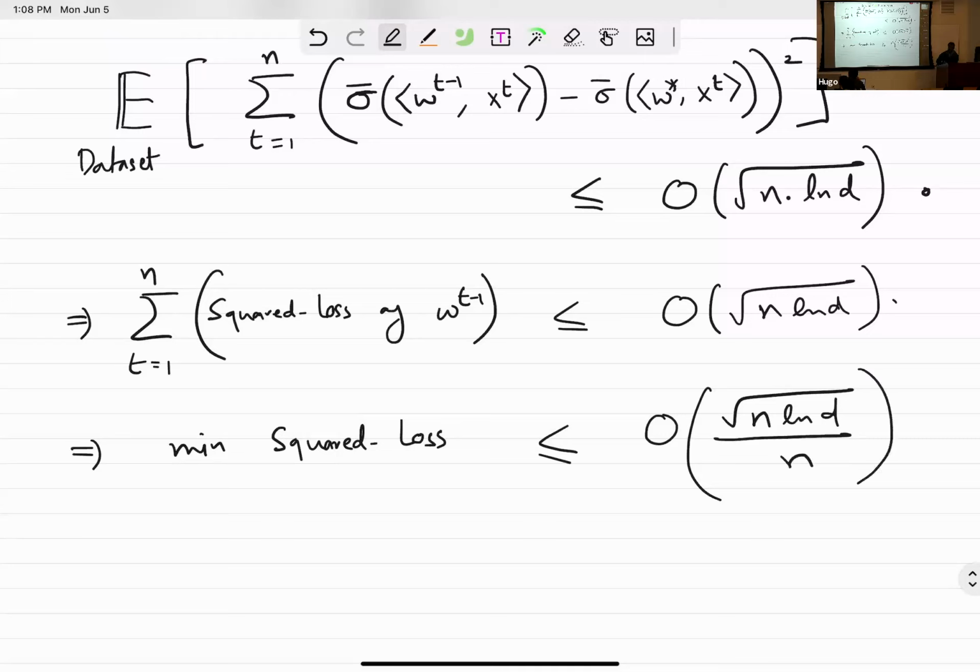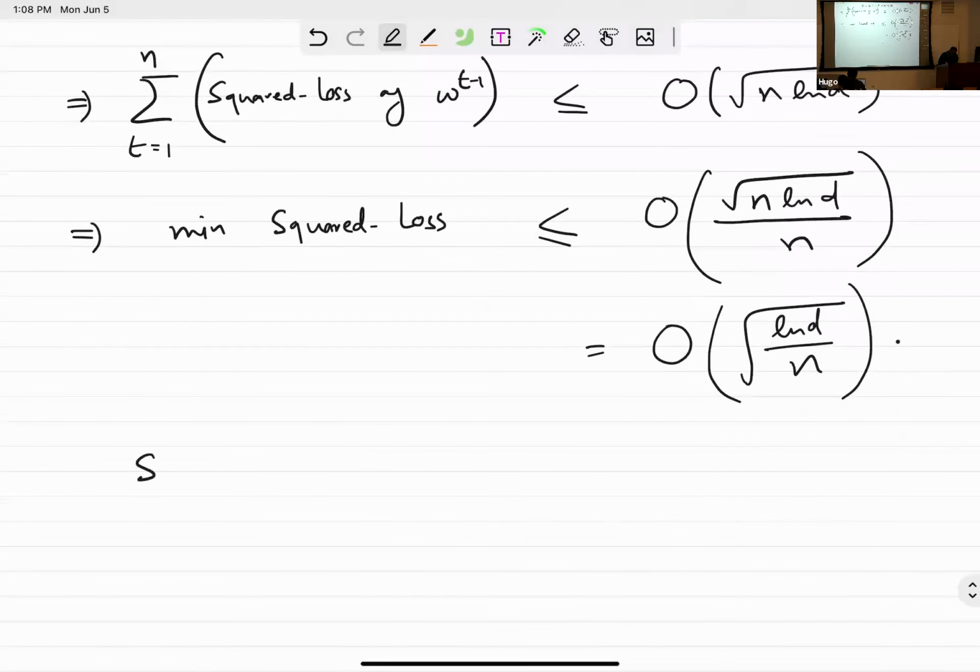So which is some constant times square root of ln d by n. Right. So if n is much bigger than ln d by epsilon squared, then this is small.